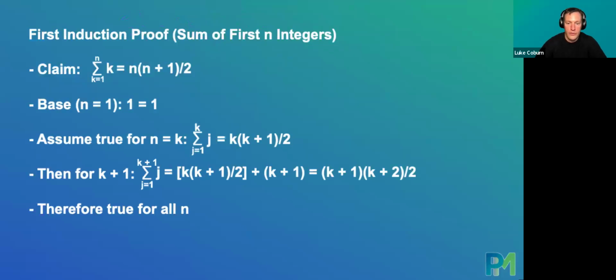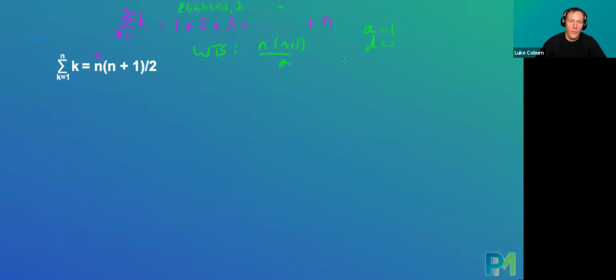But we're going to do it by induction. Here are the 3 things that we need to do. For every example of proof by induction that you do, what you're trying to prove is going to change, because you use it to prove lots of different things. But these 3 steps will never change. We want to show a base case, usually n is equal to 1.